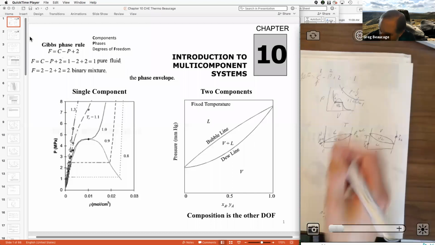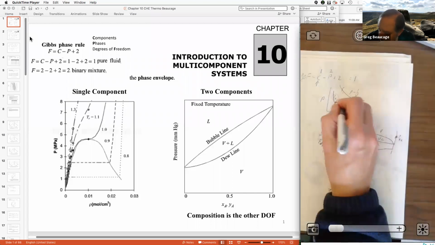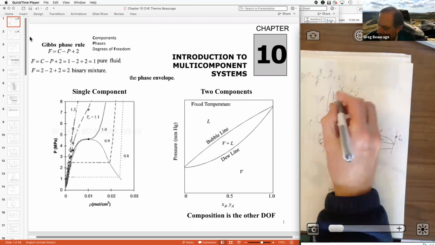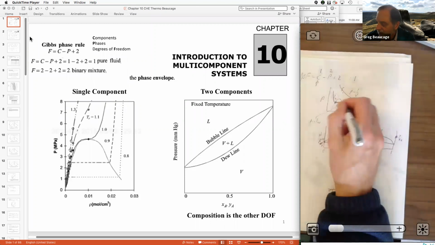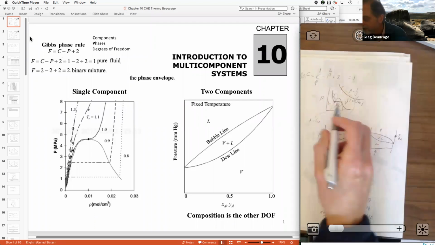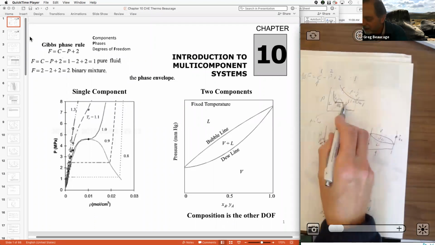So here we have, this is a tie line, right? So that's a tie line. If it's vapor, this is vapor over here, and this is liquid over here, right? The low volume one is liquid, the high volume one is vapor.